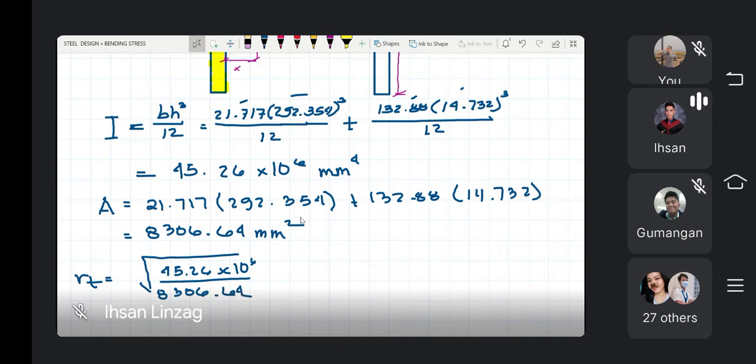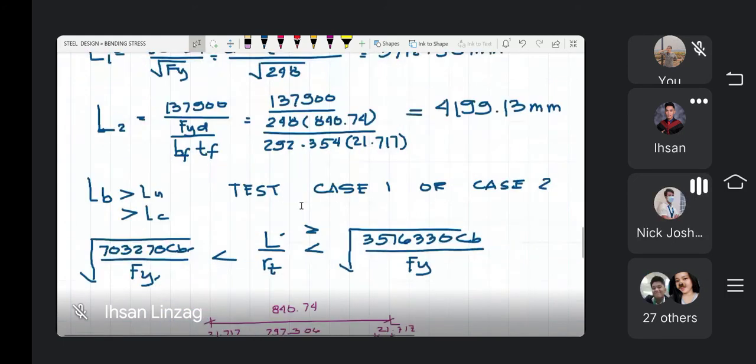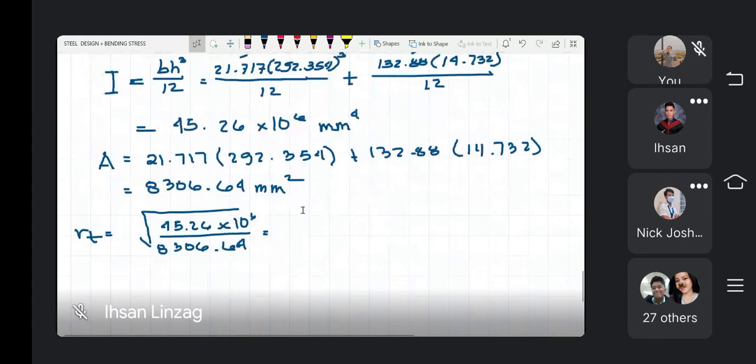What is our radius of gyration, guys? 73.81, sir. So we have 73.81.